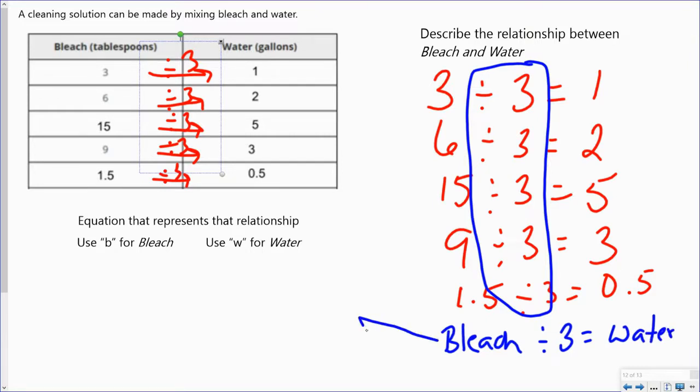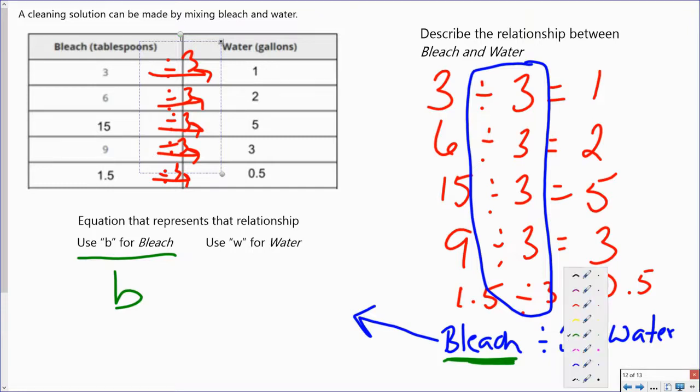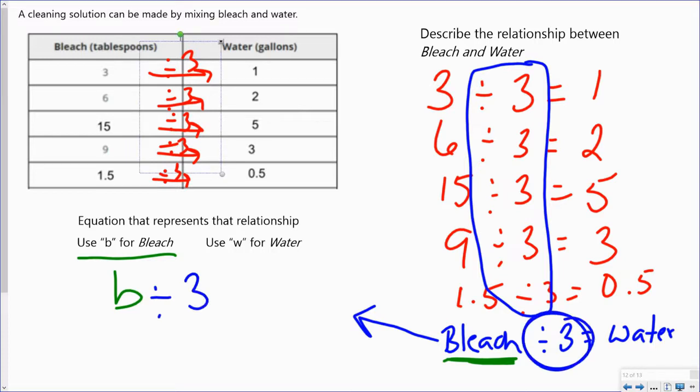So again, I'm going to use that to make my equation. So it first says use B for bleach. Here's my bleach. So B, and then my relationship would be that I'm dividing by 3, which it says right here. And then the next part is that I'm using W for water. Here's my water.